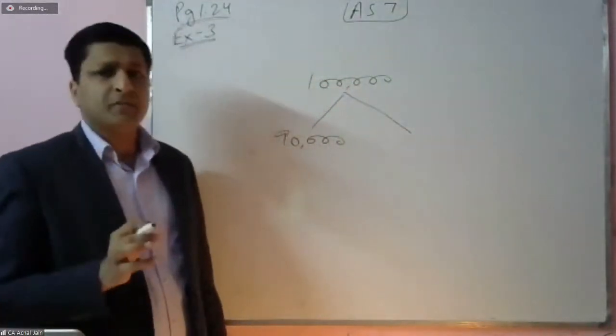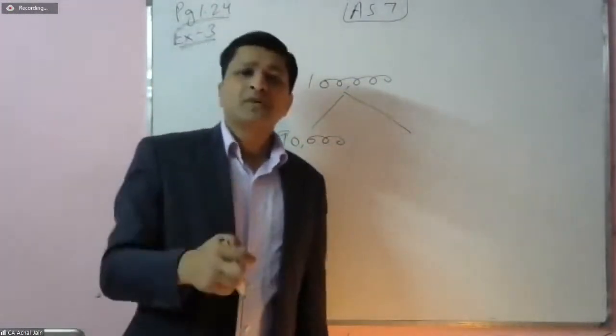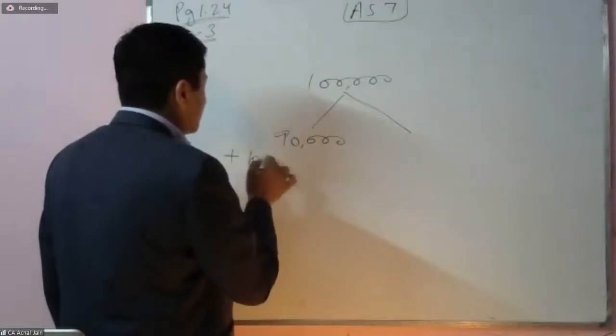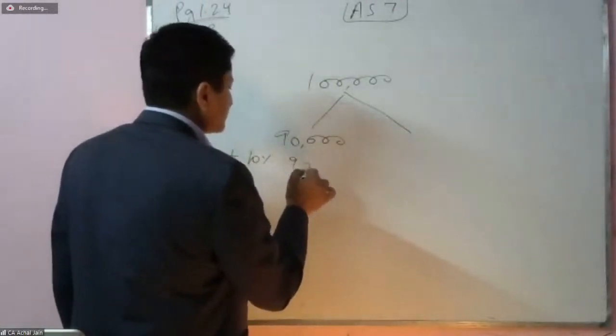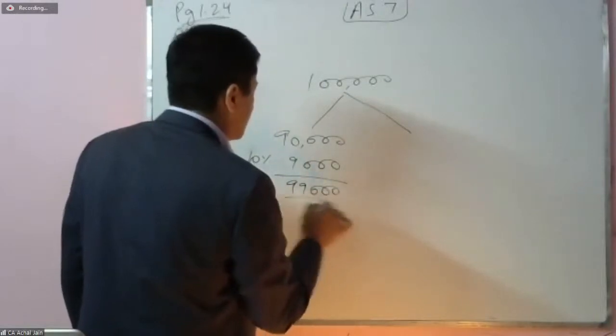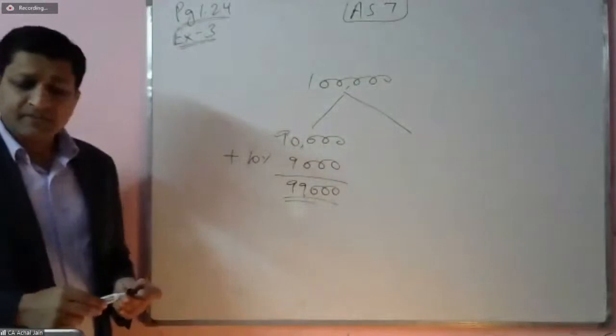And on whatever amount will be reimbursed, 10% markup will be available. So that is how we get 99,000. Clear?